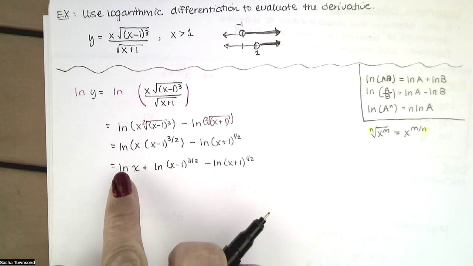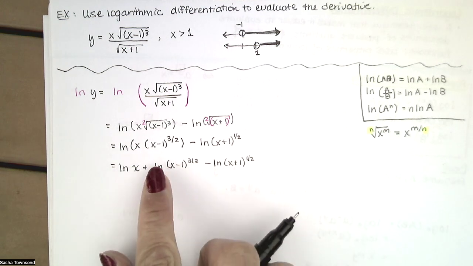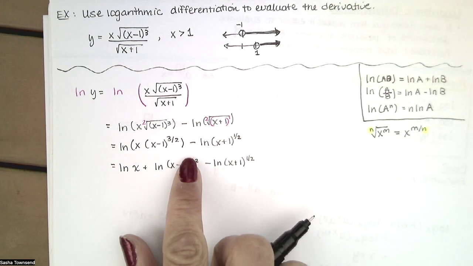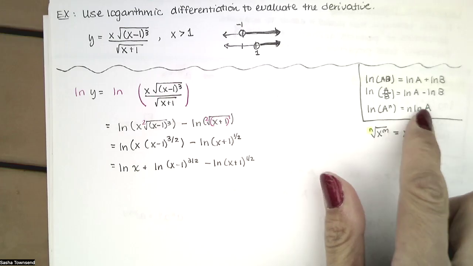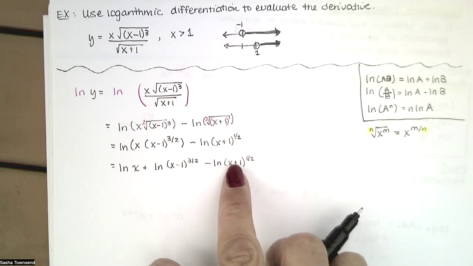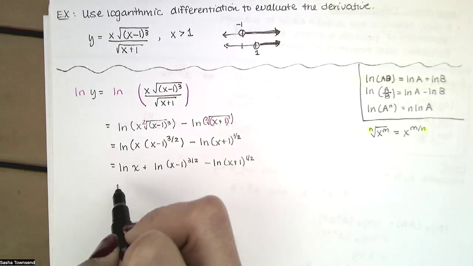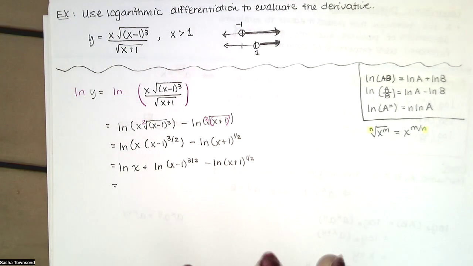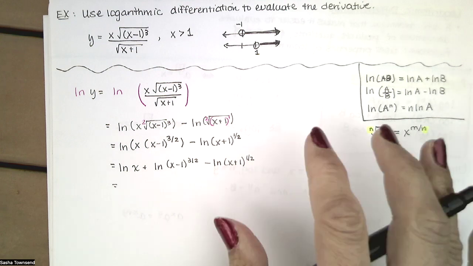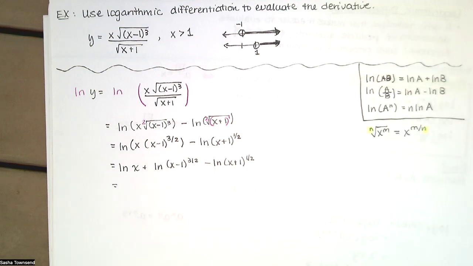And I don't really have anything to simplify here now. Now I've got log of something raised to a power, so for that one I can use my power rule. And for this one, I've got log of something raised to a power, so I can use this rule as well. I want to be careful about calling it a product rule, a quotient rule, or a power rule, because those are names that we typically associate with the product rule, quotient rule, and power rule for differentiation.